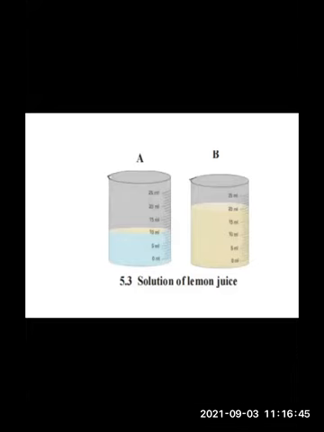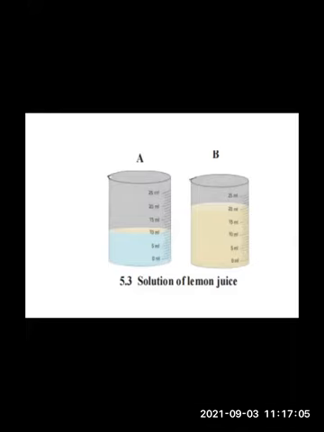Sour taste will decrease. That means what? Although you added an equal quantity of solute, lemon, half in both the beakers, what was the difference? The solvent is different. You added 10 ml in one beaker and 20 ml in the other.